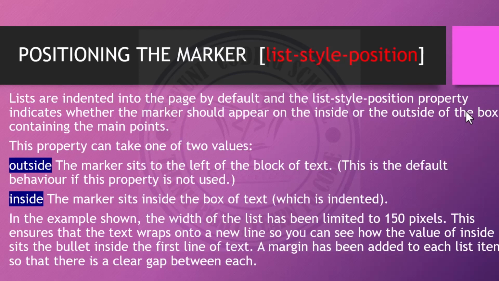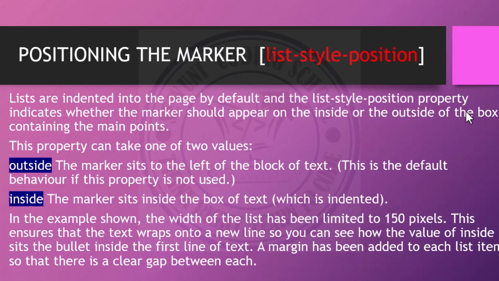When it is outside, the marker sits to the left of the block of text. Now this is the default behavior if this property is not used. When it takes the value inside, the marker sits inside the box of text, which is what is indented.